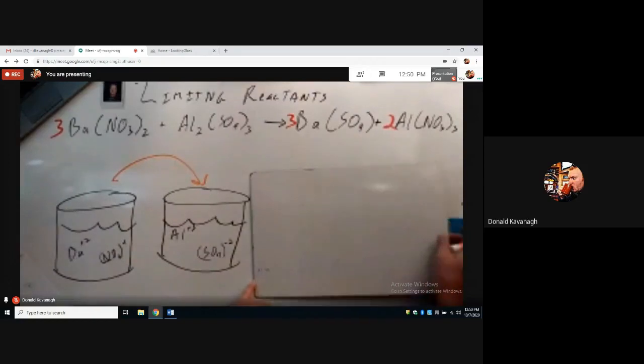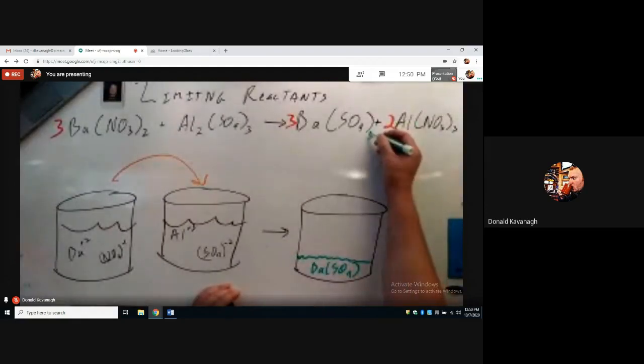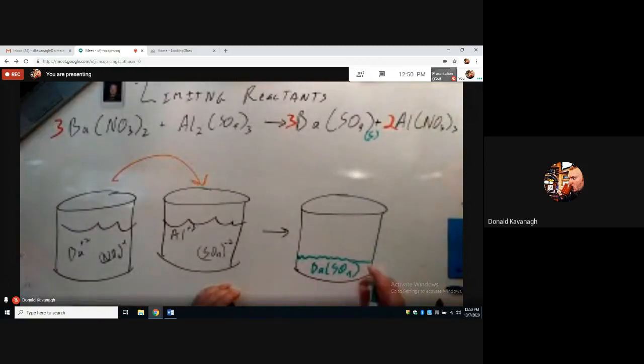And then what's going to happen is that a solid, the solid barium sulfate, is going to crash to the bottom. And then aluminum and nitrate are going to remain in solution.